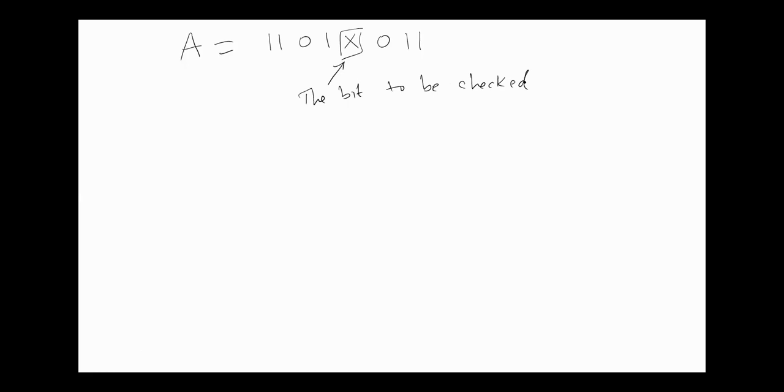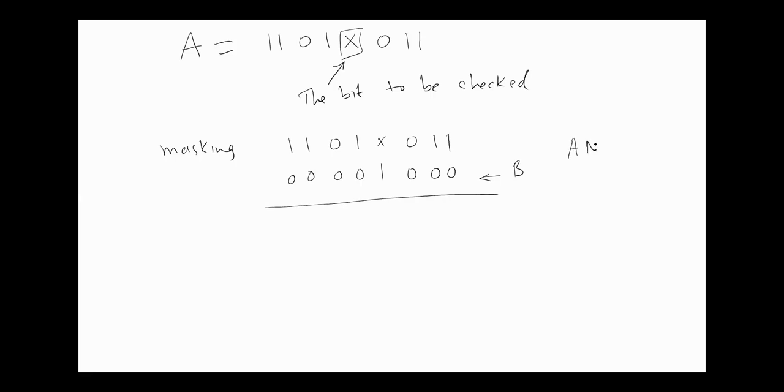We can do that by first masking A, which is 1101 X 011, with B, which has all zeros in all other positions, and masking is the AND operation.